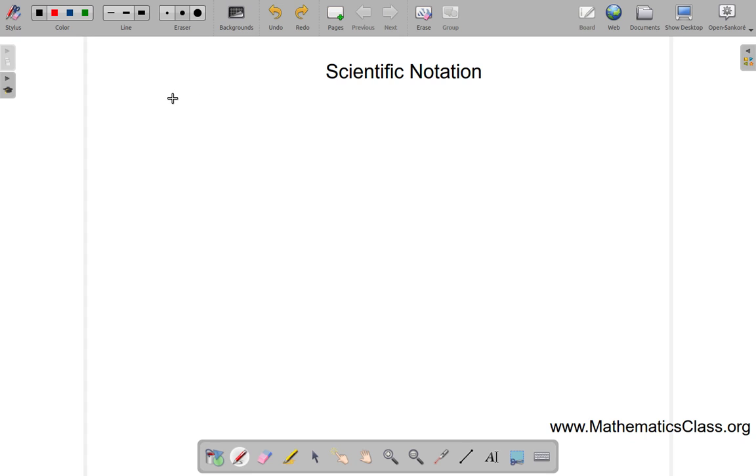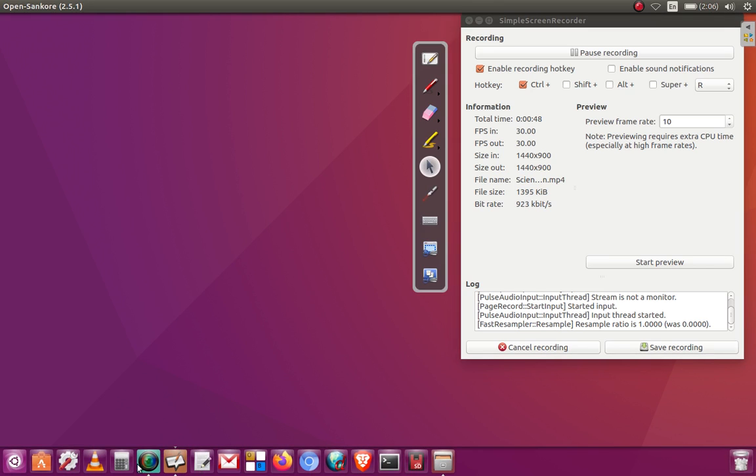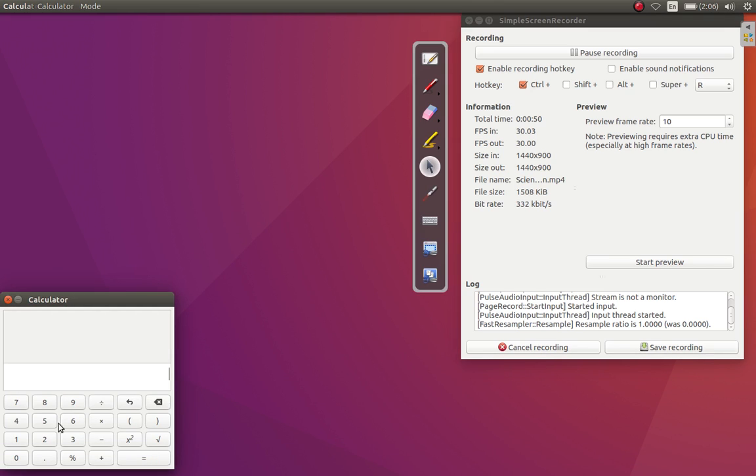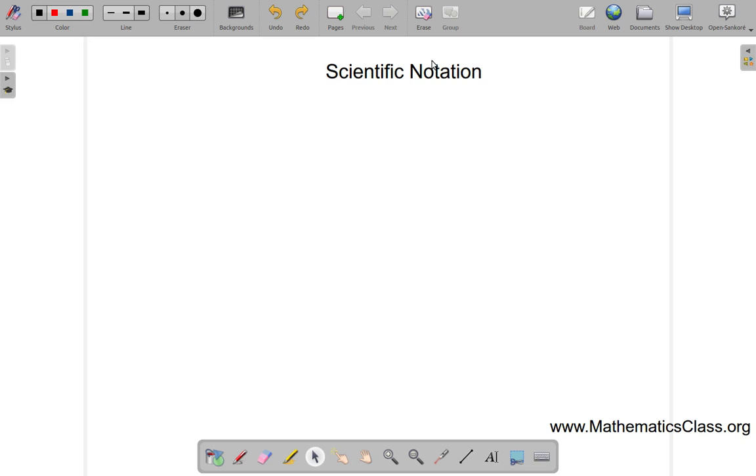1.5 micrometer. Let's see what that looks like on our calculator. That's 1.5 divided by 1 million. So that means 0. Then you have 5 zeros, 15, right? So 1.5 micrometers is the same as 0.